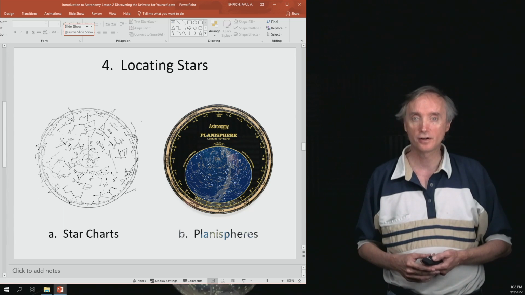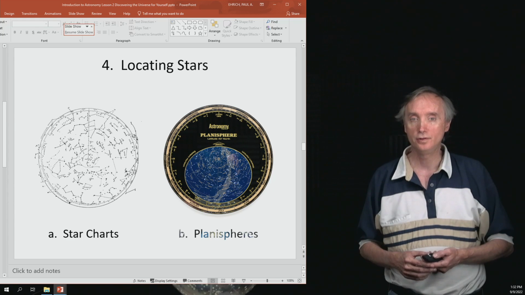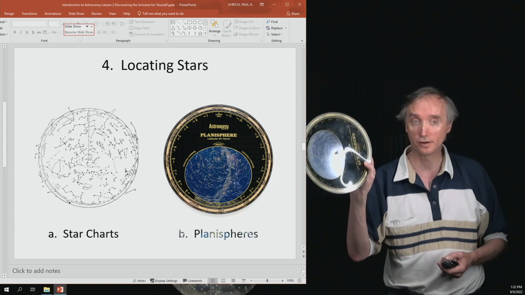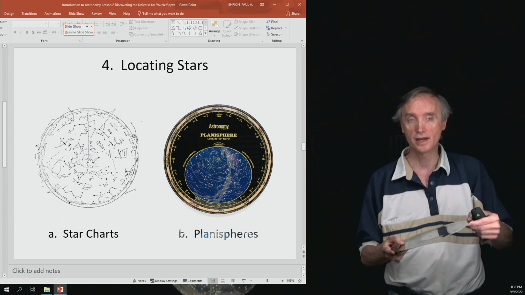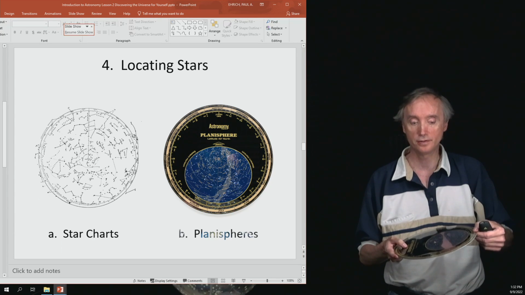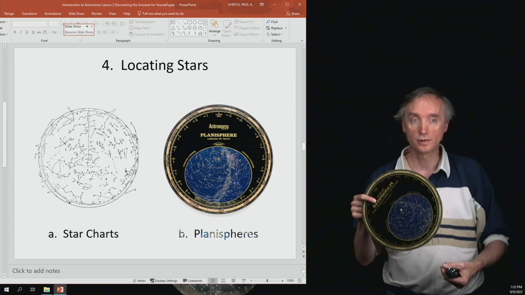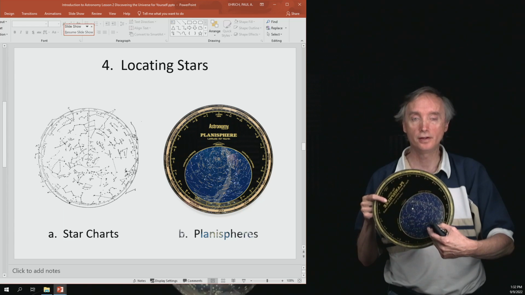And you can get these fairly cheap on eBay or on Amazon. And the idea is that you take your planisphere and you dial it to the date that you're interested in and the time, and then you look in the window of it. And then the window shows you what constellations are available.